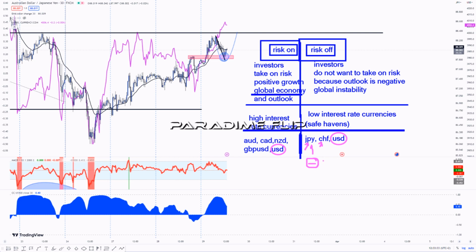If the interest rate is negative 1%, that means if your money is in this bank, you will lose 1%. And if your interest rate is positive, for example like the Australian dollar at, let's say, 5%, if you put your money in this bank, your money will grow at the interest rate.